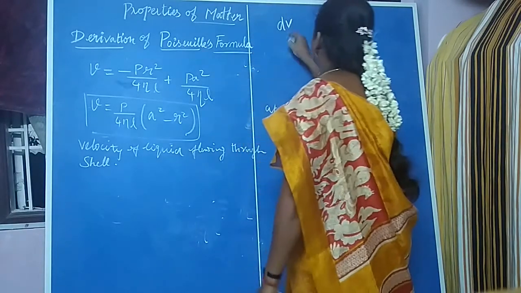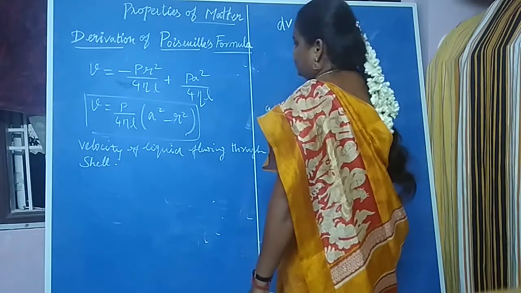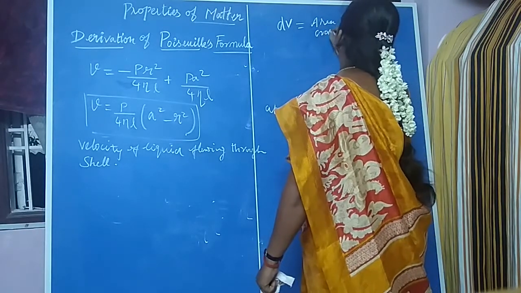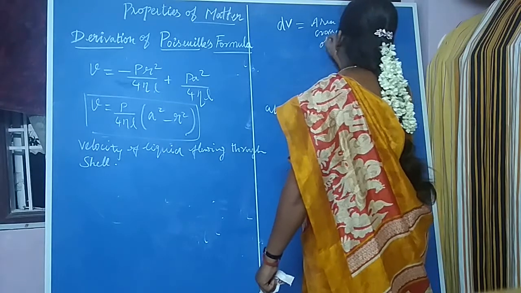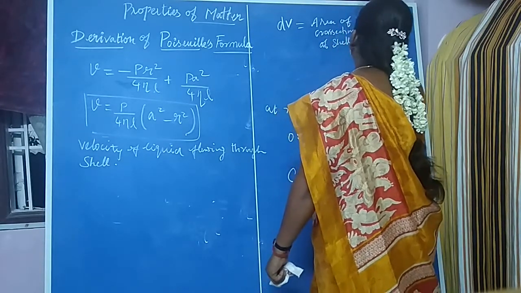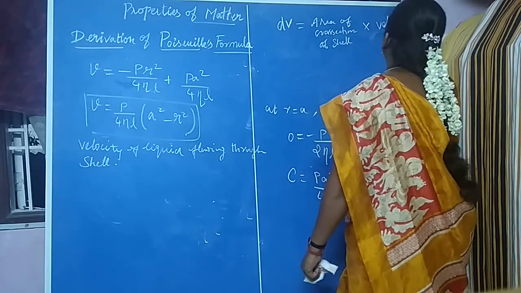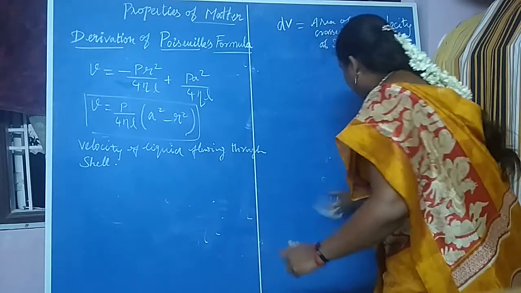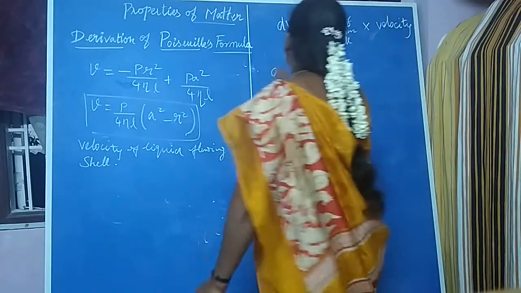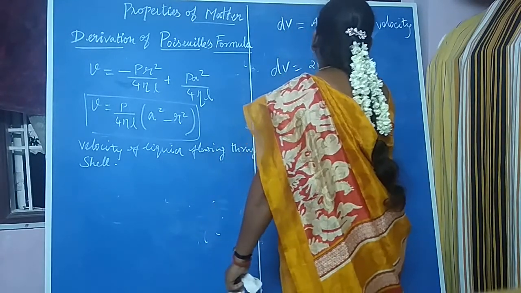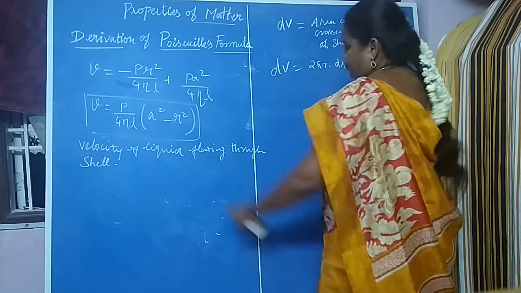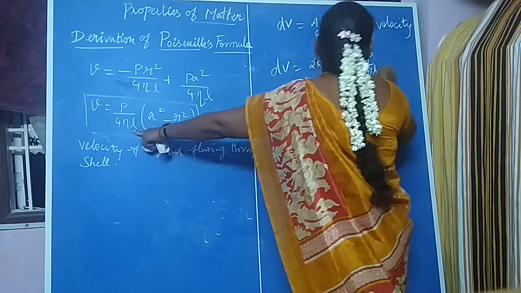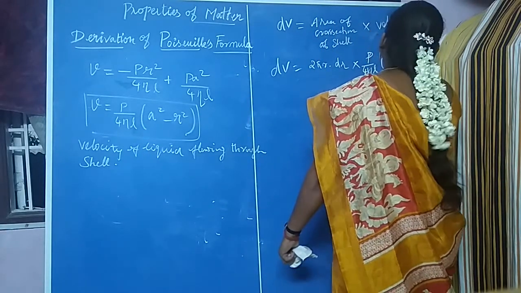Only in the cylindrical shell, dV is equal to the area of cross section of the shell into velocity. The area of cross section of the shell has radius r and thickness dr. So dV equal to 2 pi r dr into velocity, which is P divided by 4 eta L into a square minus r square.